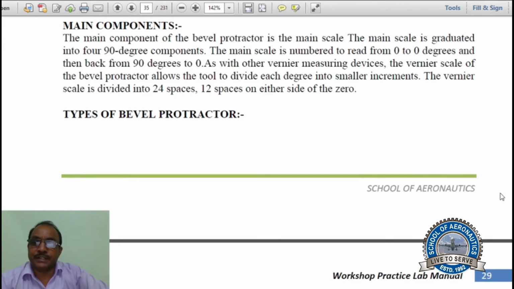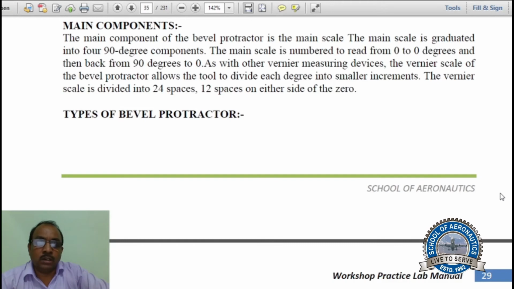Main components. The main component of the bevel protractor is the main scale. The main scale is graduated into four 90-degree components. The main scale is numbered to read from 0 to 90 degrees and then back from 90 degrees to 0.